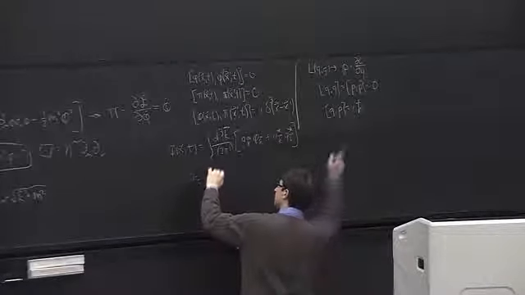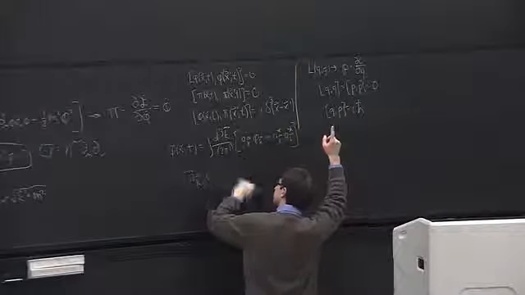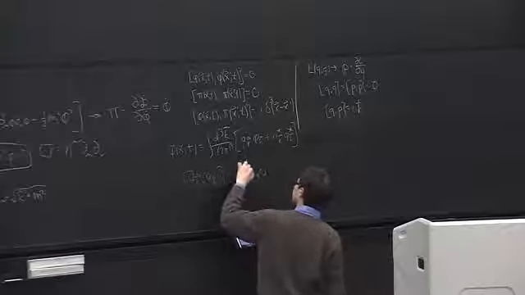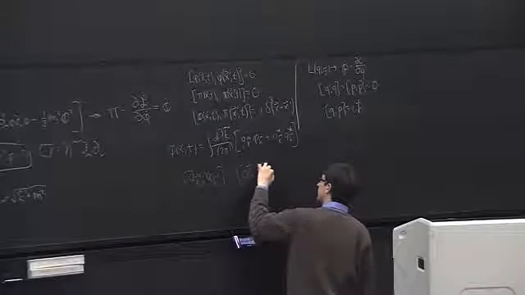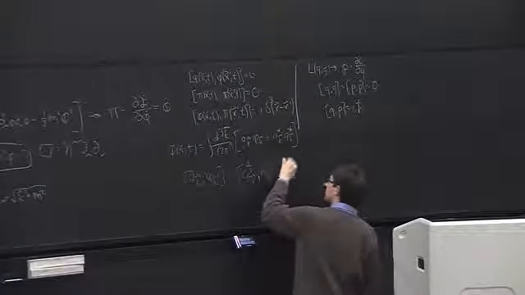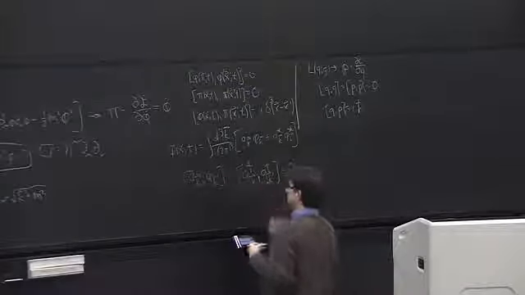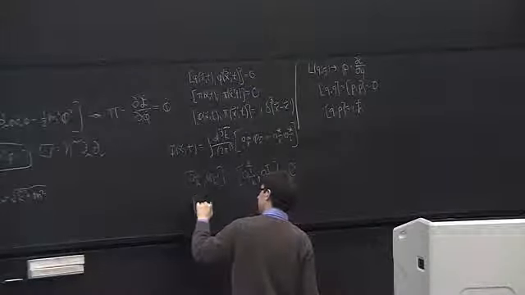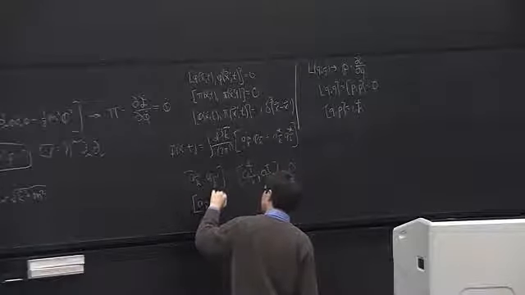Okay, so we find that those above commutation relations are equivalent to saying that the A's commute with the A's, and the A daggers commute with the A daggers, but the A's do not commute with the A daggers.